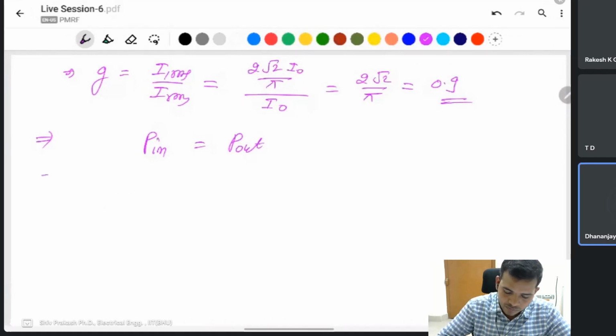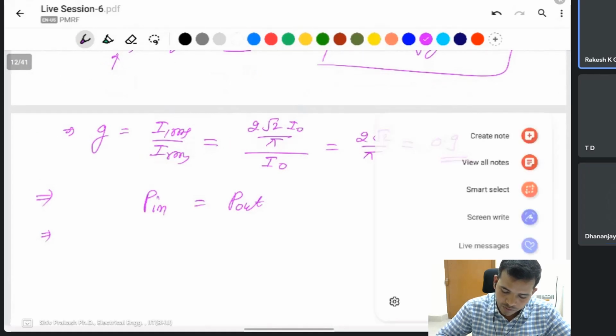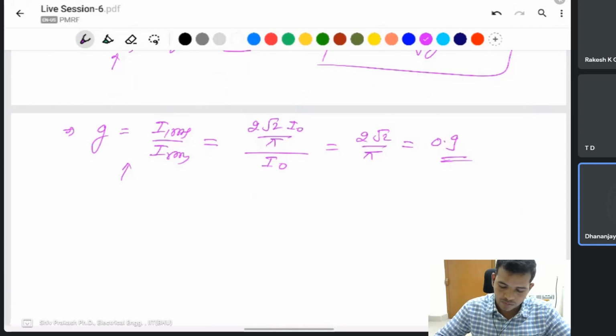Sir, we are taking this G for the wave shape, which was discussed earlier, isn't it? Yeah, this one you can say is the distortion factor. When I0 is a square wave or DC, I1 RMS upon IRMS, this factor is for when the output is a DC value.